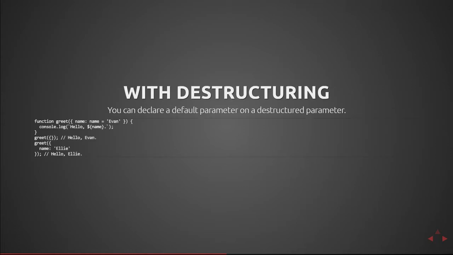You can also use destructuring inside parameter defaults. So to declare a default parameter on a destructured parameter, you can use function greet, and that is destructured, so it takes an object with a name property on it. That name can be equal to Evan, so name equals Evan is the setting of the default parameter for the destructured property name on the object passed in the parameter.